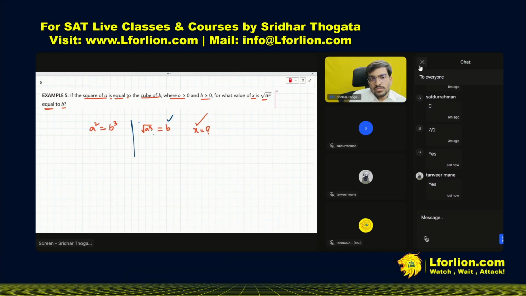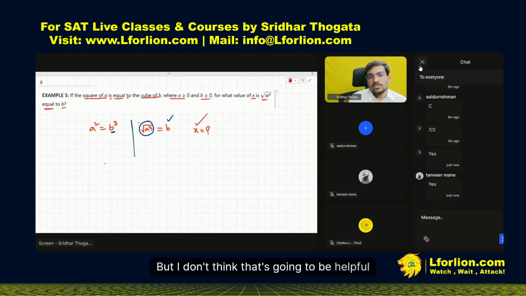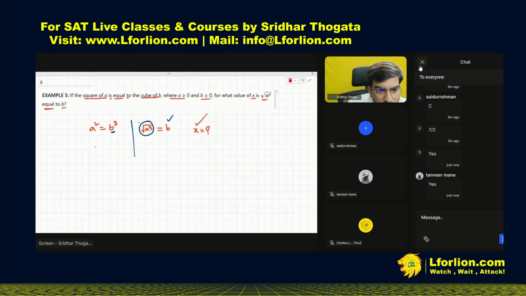I could take this value and place it in the place of this, but I don't think that's going to be helpful because the cube is there, the root is there. So let's take a equals b raised to the power of 3 and here 2 is there. I just want to get the value of a only. So I want to remove this square. How can I remove this square?